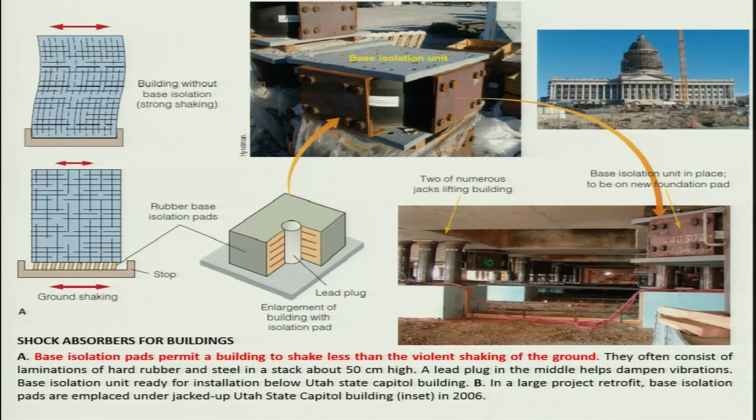So, the building rests on this, and whenever there is a big event, this component will absorb the ground shaking. This is a case which has been shown for a very important building in San Francisco.